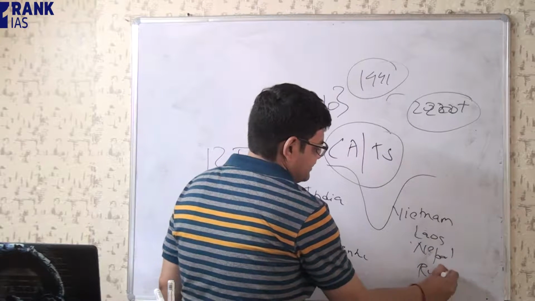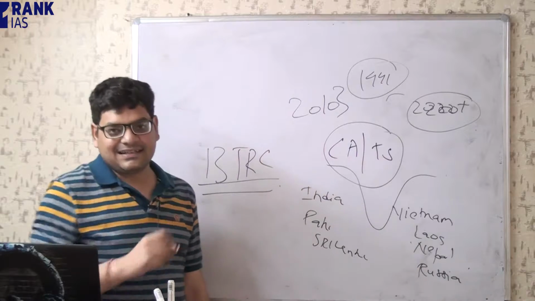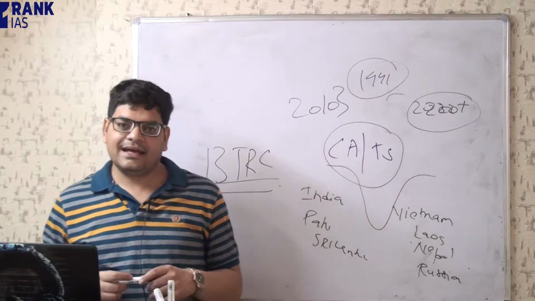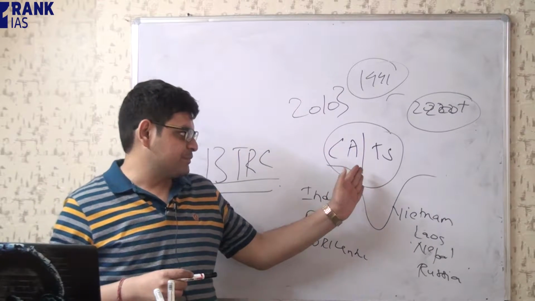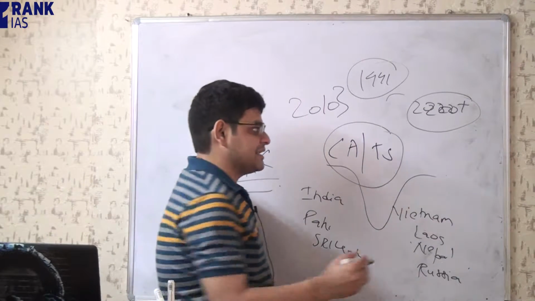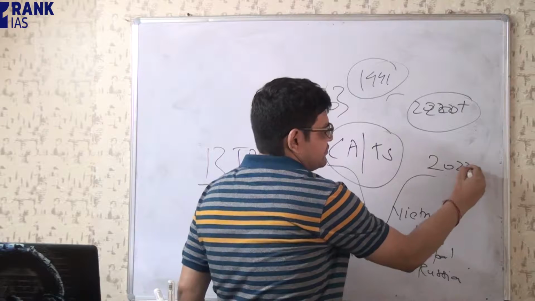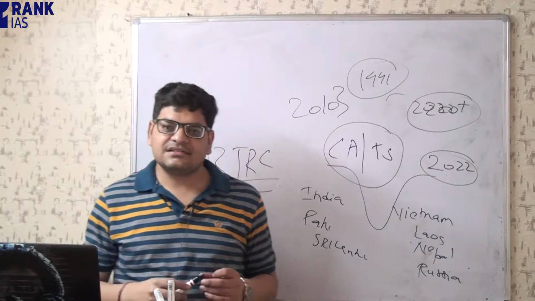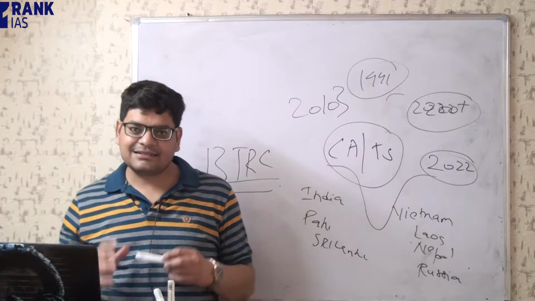These are the tiger range countries where the Asiatic tiger is found, and they have initiated a program that by 2022 they intend to double the number of tigers.